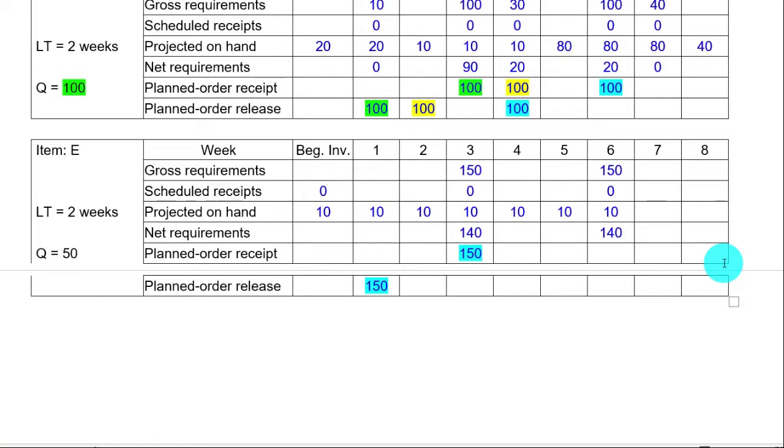At least 140 must arrive in week 6. So 3 lots is enough. 50 times 3 is 150. And you place an order in week 4.